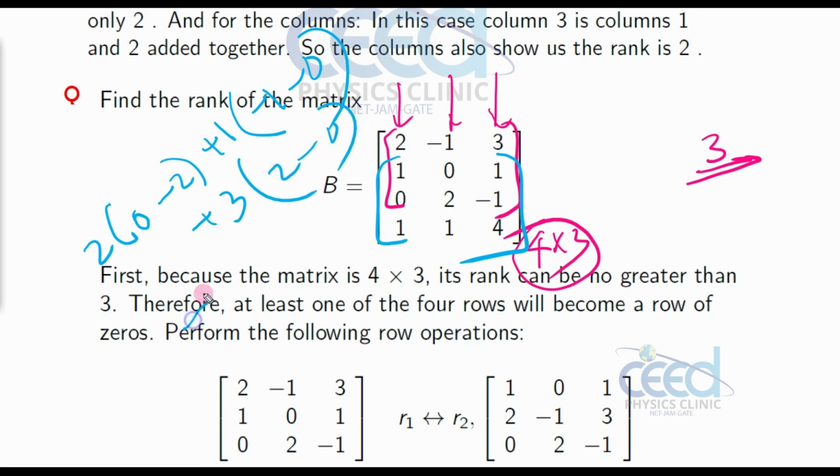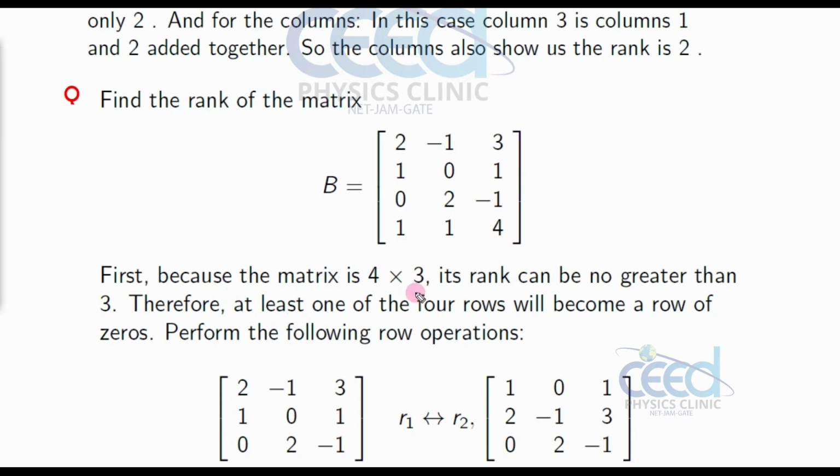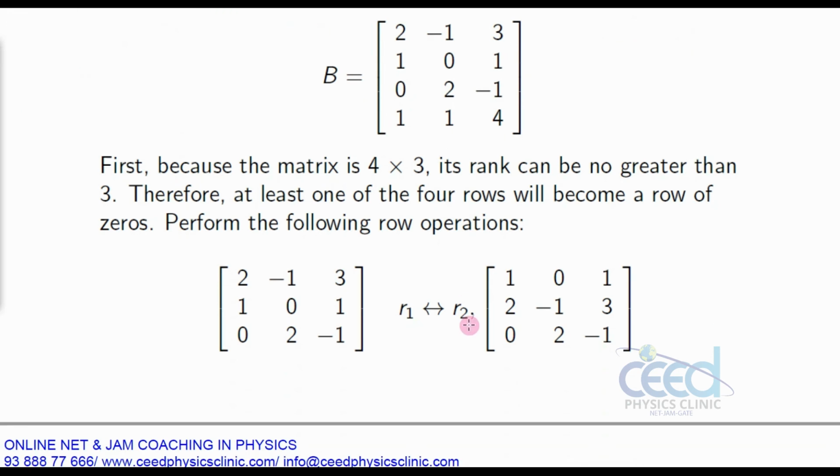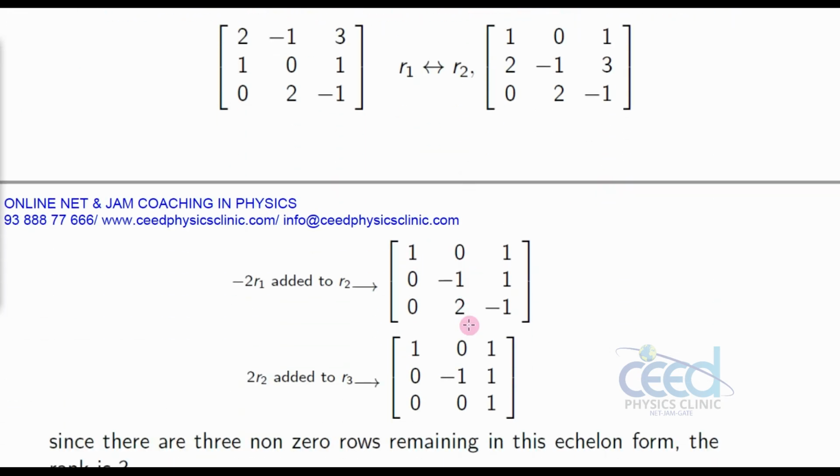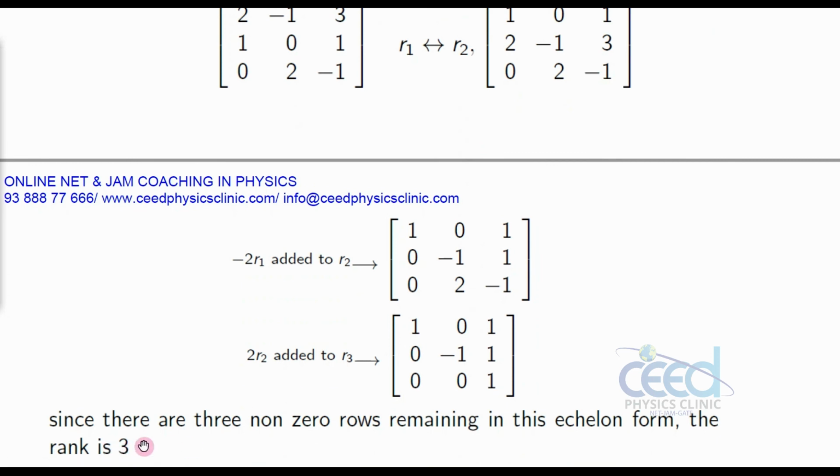So this is minus 4, this is minus 1, this is plus 6, and from it, it is clear that the result is 1. So its determinant is not equal to 0, and I can directly say its rank is 3.